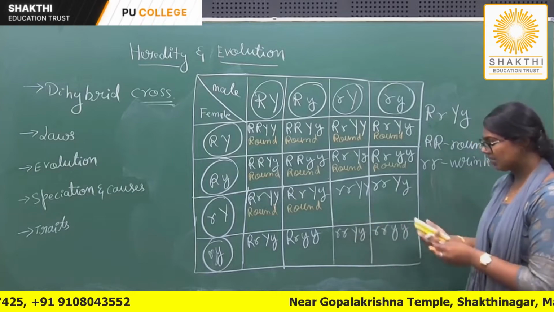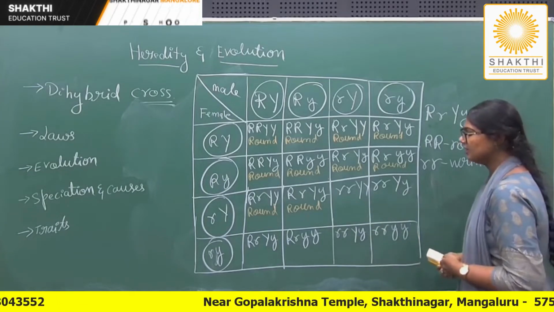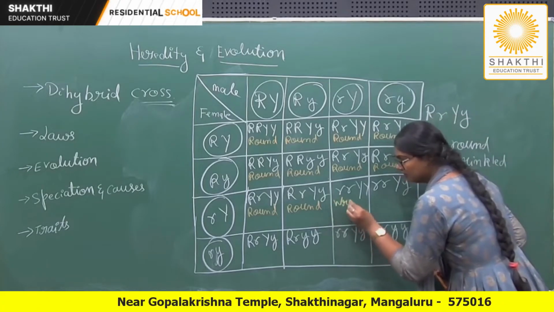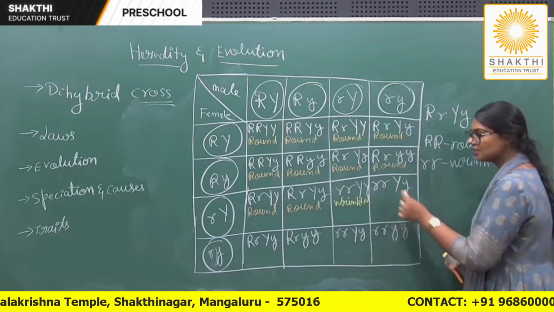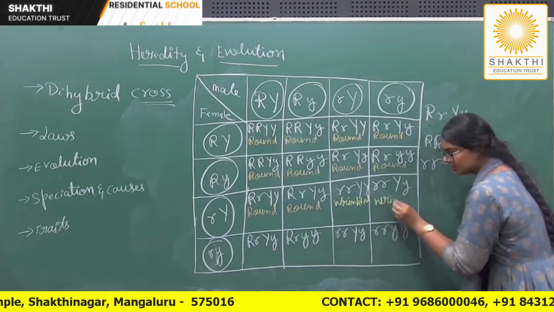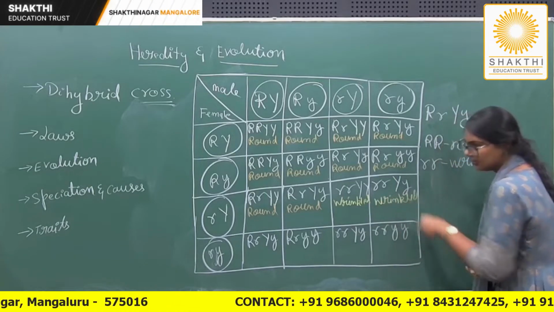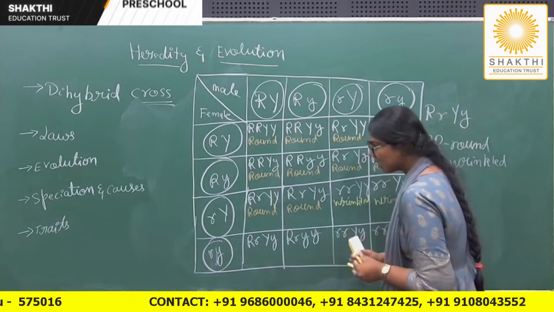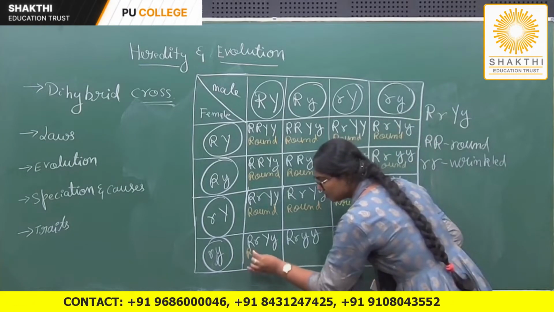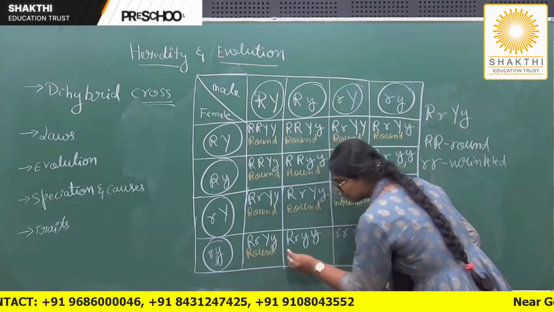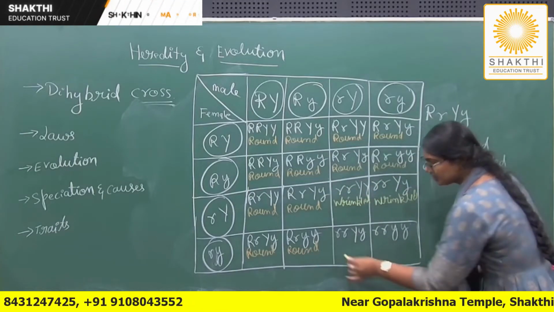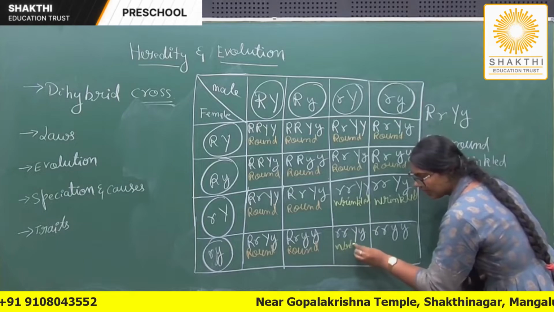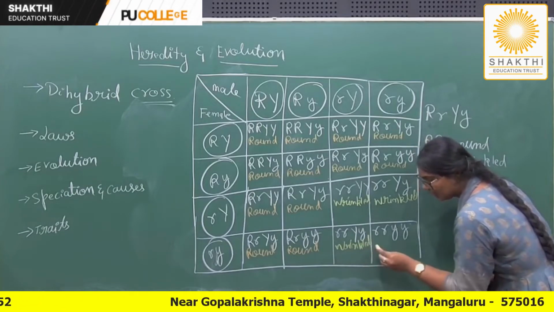So we'll fill it as wrinkled, and again small r is wrinkled. So we'll fill it as wrinkled. Here we have capital R, small r, which is round. This is also round. Small r is wrinkled, and again small r is wrinkled.